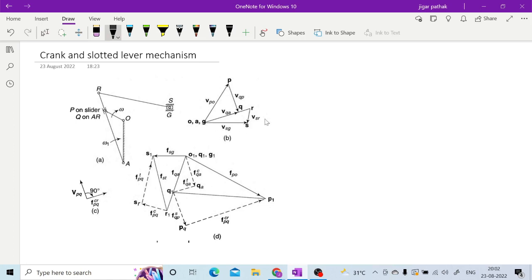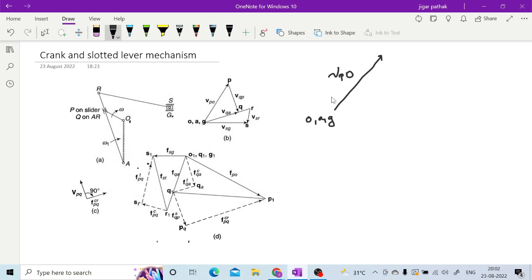O, A and G are fixed points, so they have taken these as fixed. The very first thing you can do is draw, as it is, in this clockwise direction, this VPO, because it is P with respect to O.